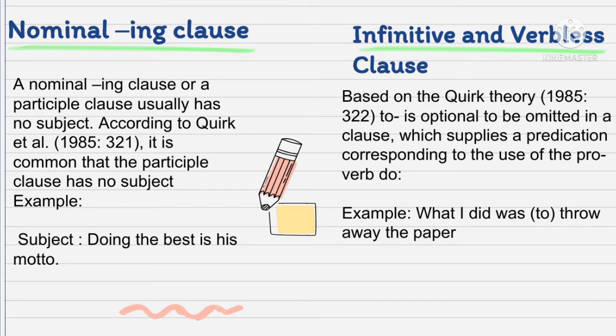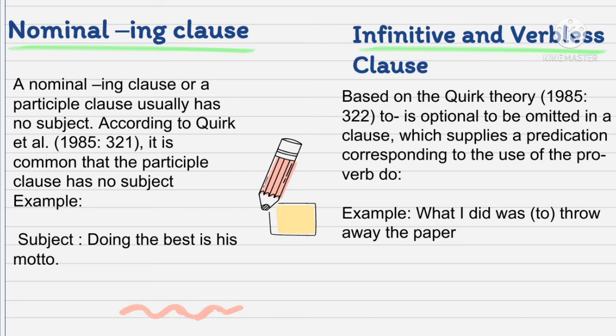And next, nominal -ing clause. A nominal -ing clause or participle clause usually has no subject. According to Quirk, it is common that the participle clause has no subject. Example, in subject: doing the best is his motto. Infinitive and bare infinitive clause.